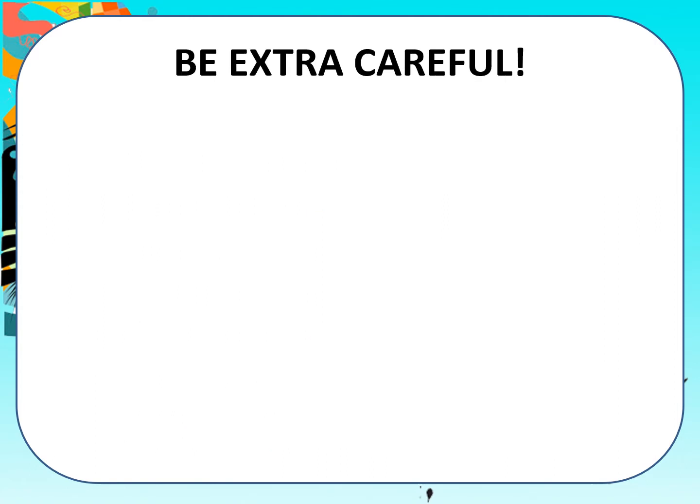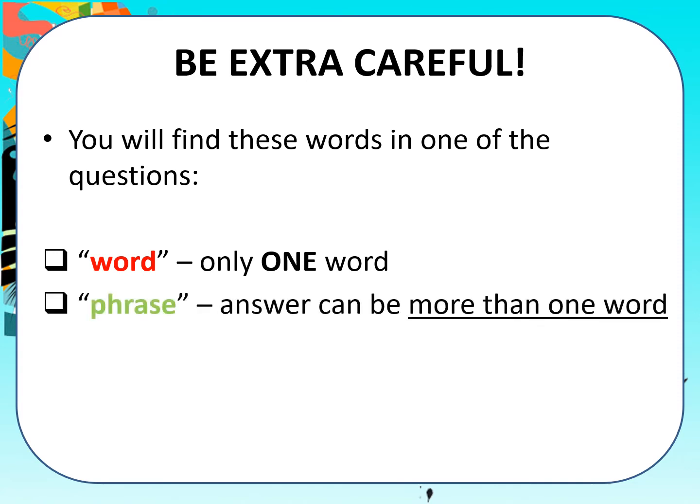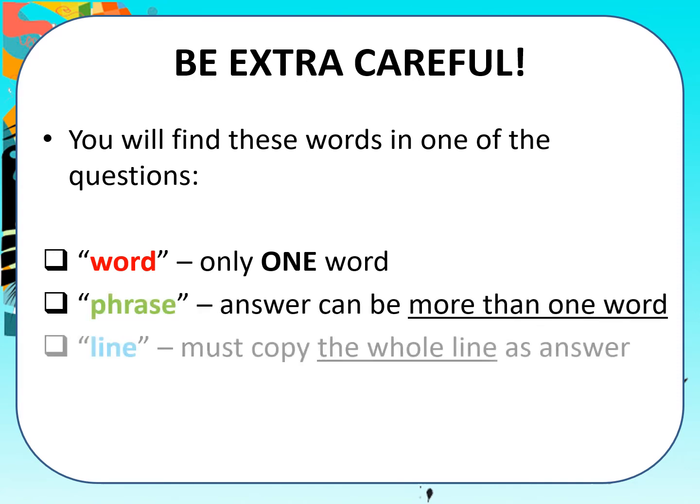There are a few things that you need to be extra careful about when you are answering poem questions. In poem questions, you will find these words. First is word. Next is phrase. And the last one is line. You need to be very, very careful with this.